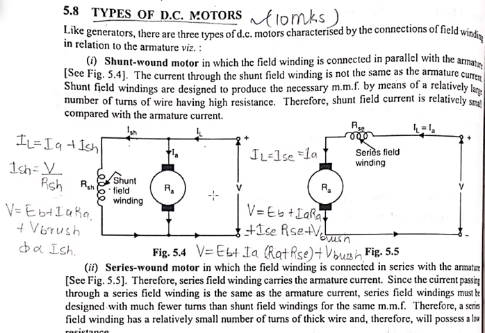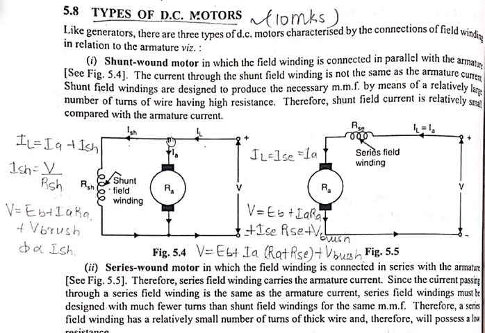When the motor starts running, it will start drawing current from the voltage source, and that is represented as IL. In this case you can see IL is equal to Ia plus ISH, and the voltage between this point and this point is V, which is also the voltage of this field winding.